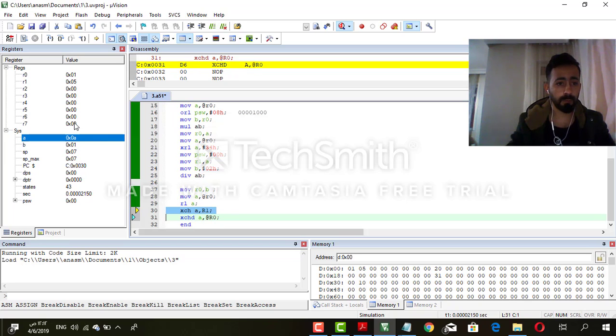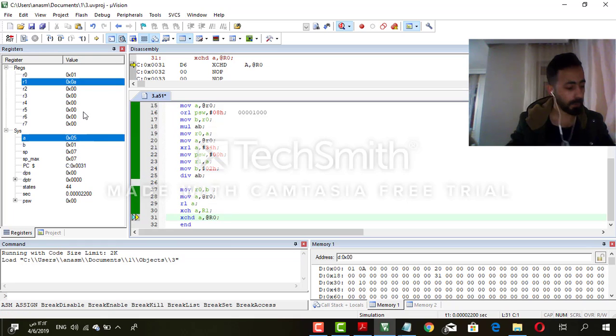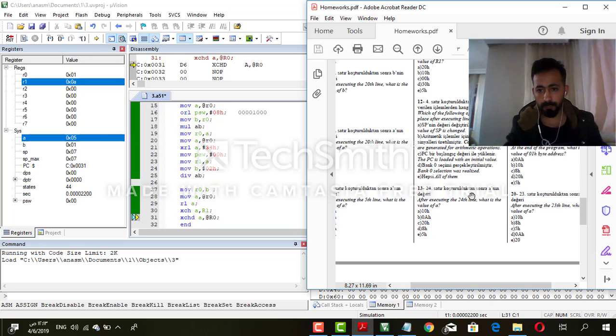So the new value of array 1 will be 0A hex, and the new value of a will be 05 hex, as we see. And this is question number 13. What's the new value of a? The new value of a is 05 hex or 5 hex.